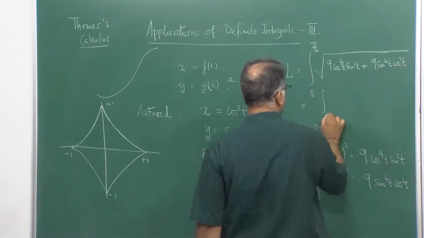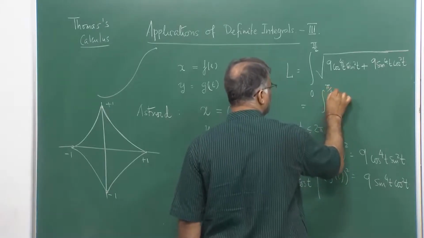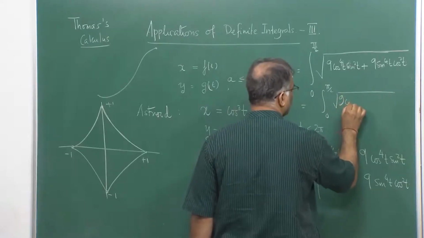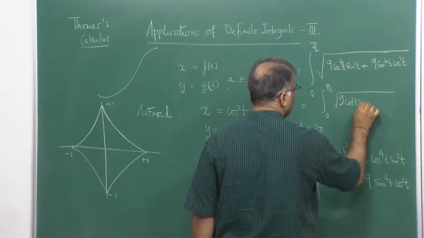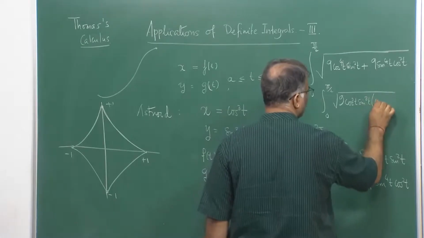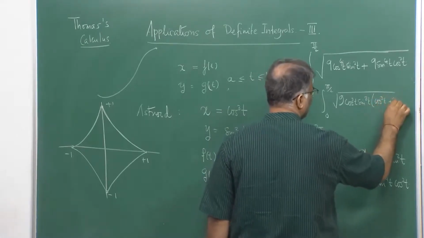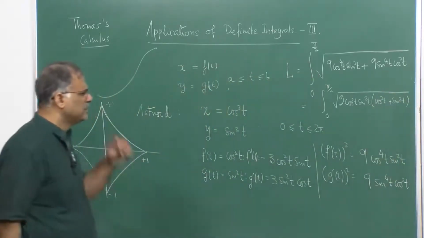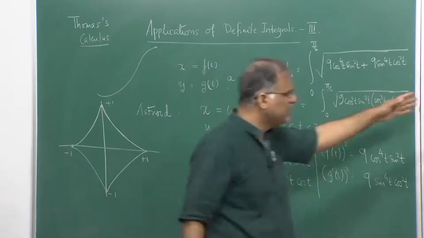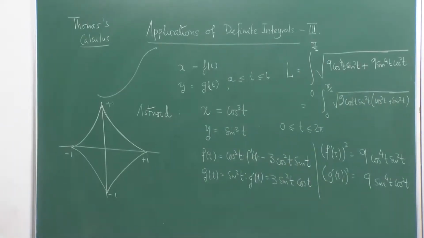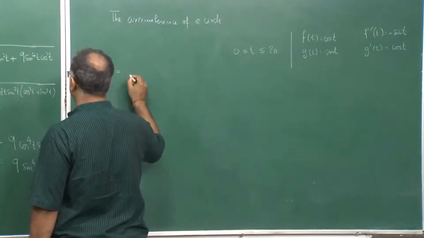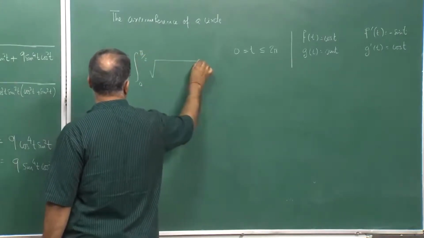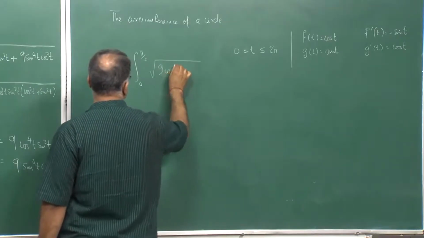So, that is equal to integral 0 to pi by 2 root over 9 times cos square t sin square t into cos square t plus sin square t. So, what I will have, L is equal to integral 0 to pi by 2 root over 9 cos square t sin square t.